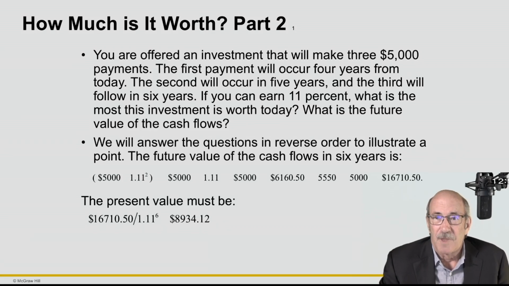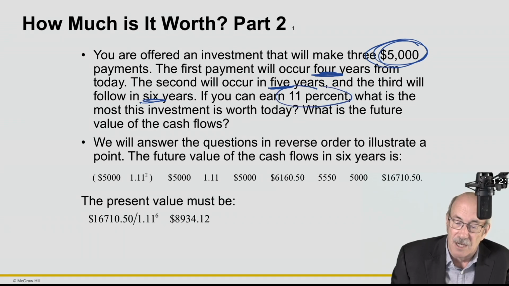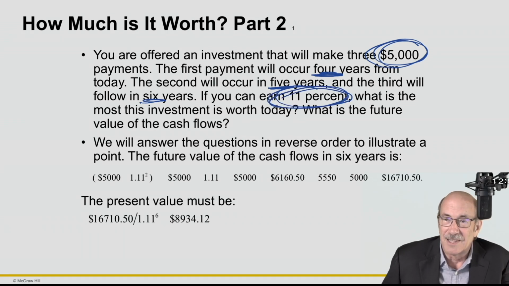All right. So here we are offered an investment that will make 3 $5,000 payments. The first one occurs 4 years out, the second one 5 years, and the third is 6 years out. We have a rate of return of 11%.